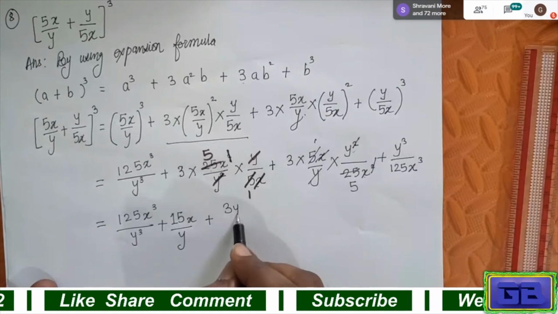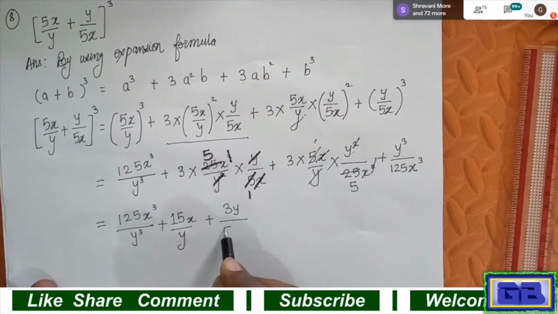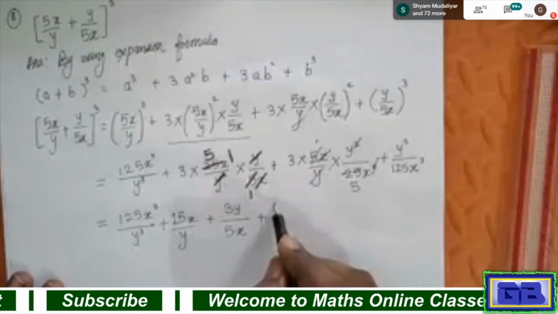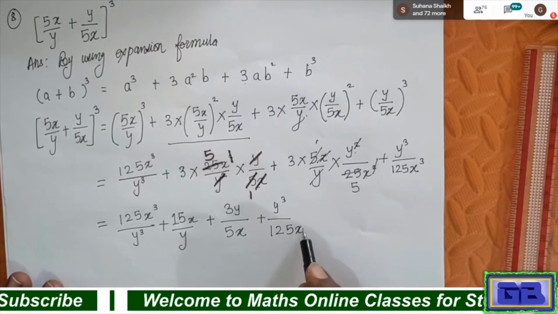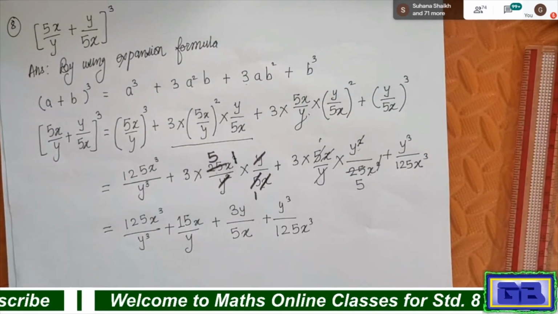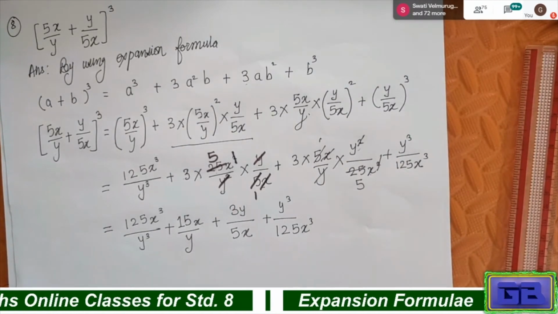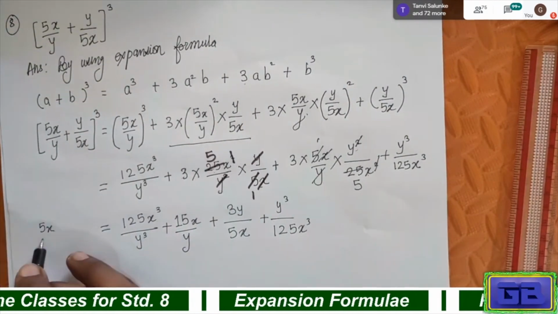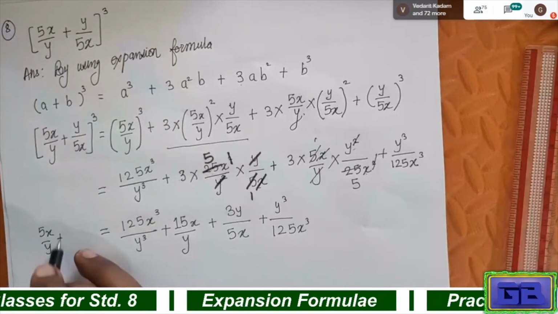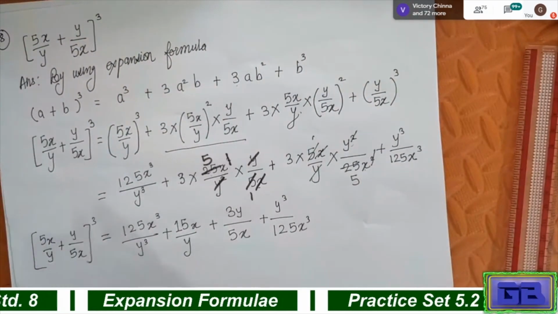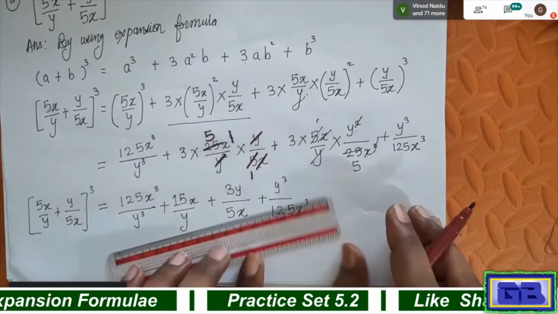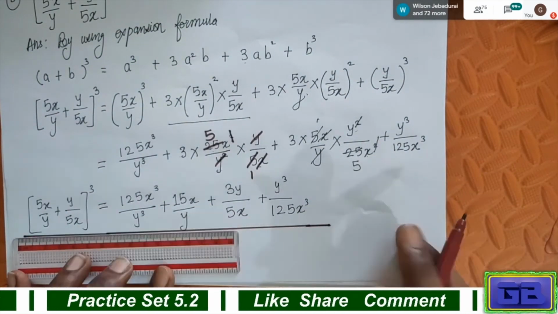So here 3y upon 5x plus y cube upon 125x cube. Take the question down. (5x upon y plus y upon 5x) bracket cube equals, this is our final answer.